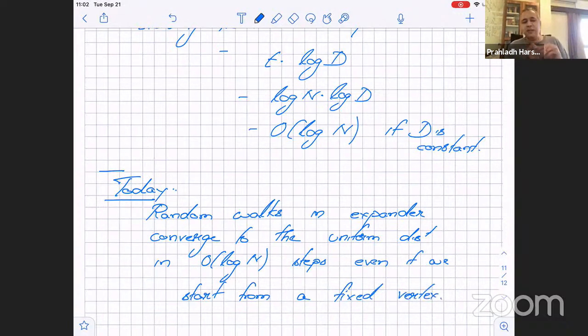So you start from a fixed, completely deterministic vertex. Always start from the first vertex and take a log n step walk. The final vertex looks like a completely random vertex in the graph.